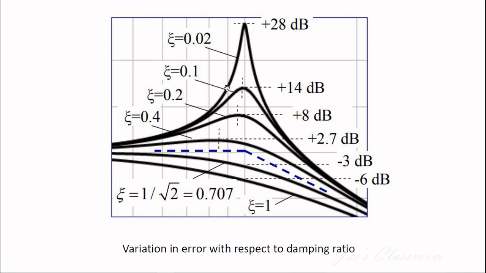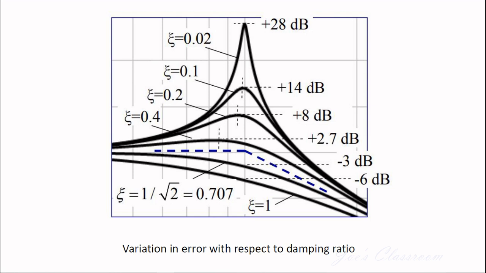As theta increases, the error also decreases. Please note that this dashed line represents the asymptotic plot. So when the value of theta is around 0.707, the error between the asymptotic plot and the exact plot is minus 3 decibels. And it goes on.